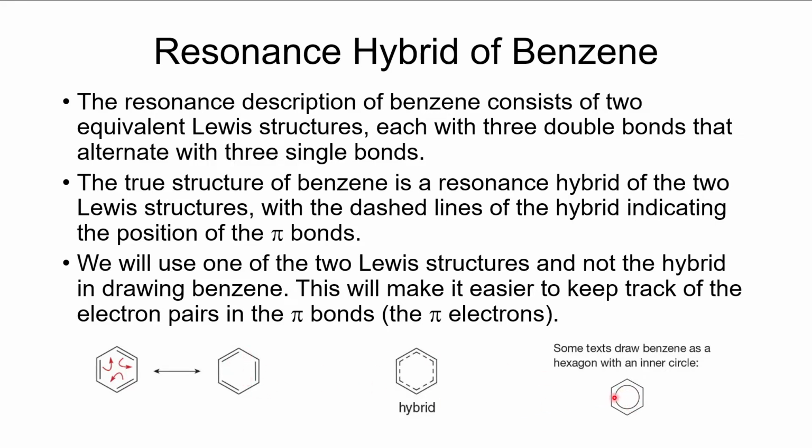So you won't see me draw this usually, and you won't see it in the textbook very often, except in talking about generalized systems. It's a quick way to draw it, but it's not an accurate way to draw it. Most of the time, we're going to use the Lewis structures.